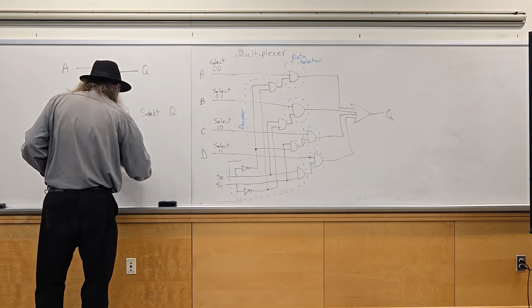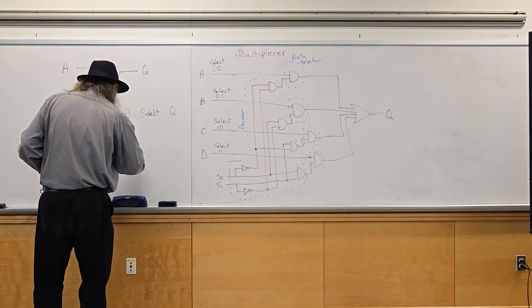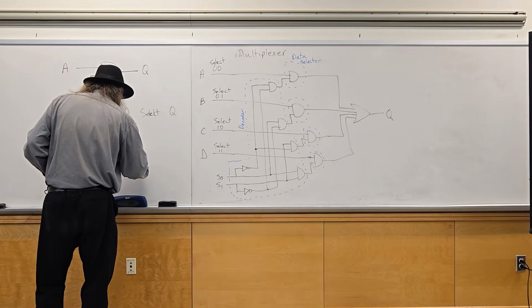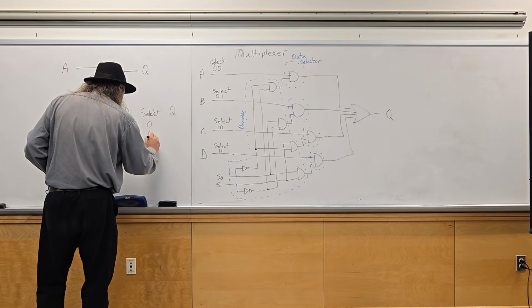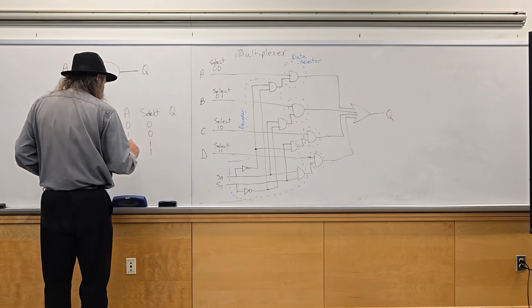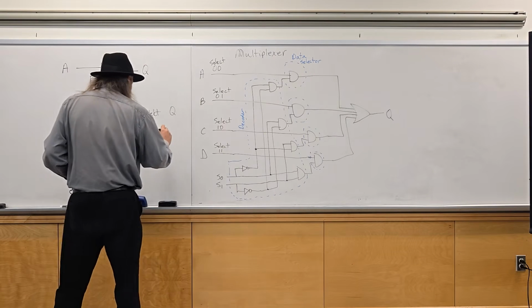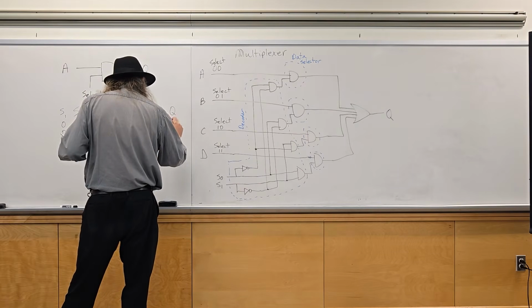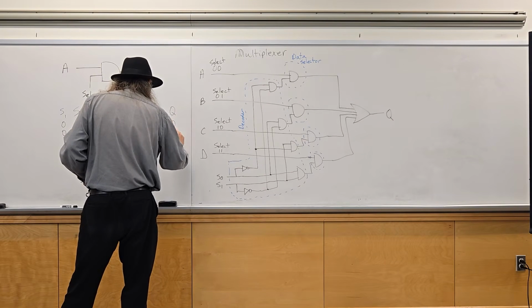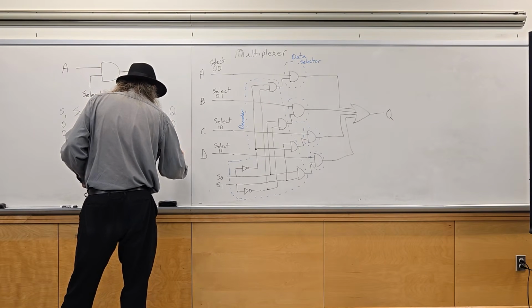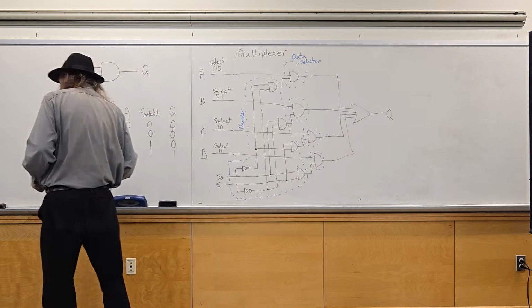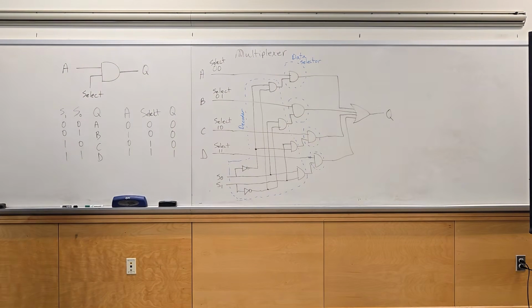I'll do it. And it's just basically an AND gate truth table with slightly different labeling.